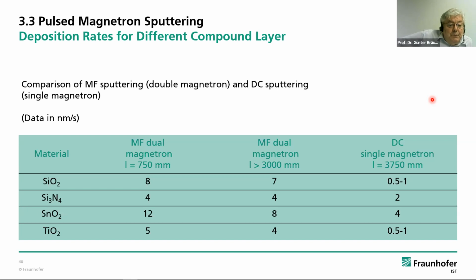Here you see some deposition rates which were obtained for silicon dioxide. We compare a mid-frequency dual magnetron with 750 millimeter length with a single magnetron of 3,750 and a dual magnetron of 3,000 millimeter. You see the deposition rates are a factor 2 to 5 higher than in the DC sputtering.